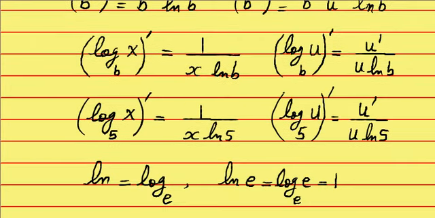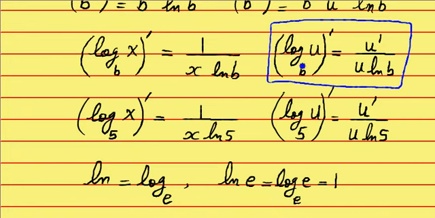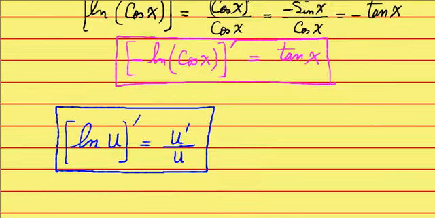So let's go ahead and emphasize that in the context of some of these examples. So remember this in mind. If you have the logarithm of something in a base other than e, this is the formula that's applicable. The derivative of the substitution divided by the substitution times the logarithm of the base you're using.